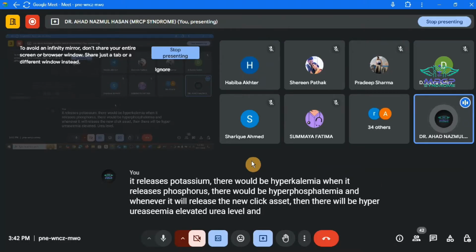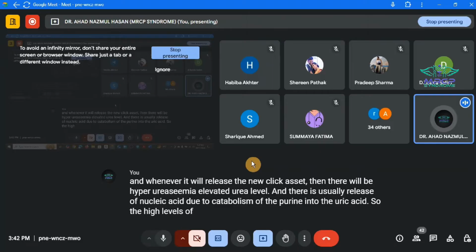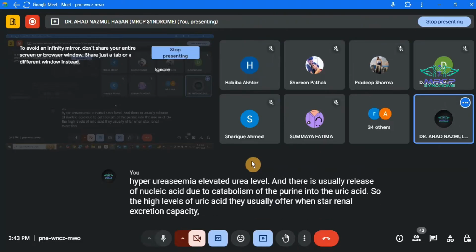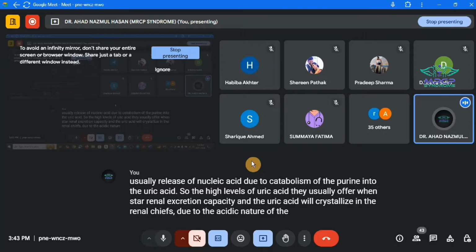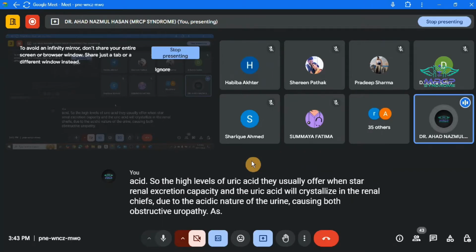There is release of nucleic acid due to catabolism of purine into uric acid. The high levels of uric acid overwhelm the renal excretion capacity, and the uric acid crystallizes in the renal tubules due to the acidic nature of the urine, causing both obstructive uropathy as well as AKI.